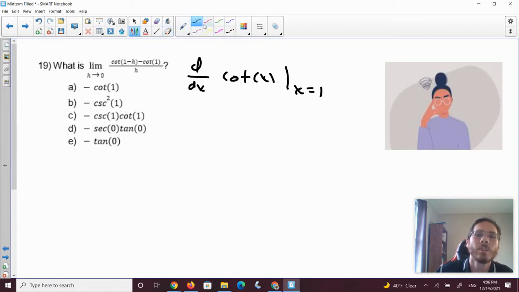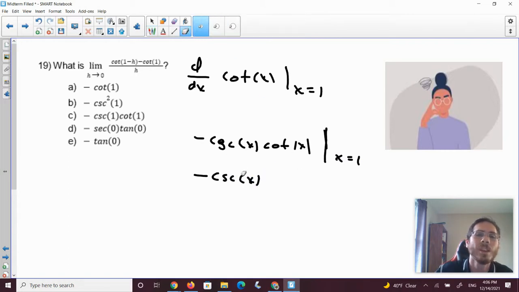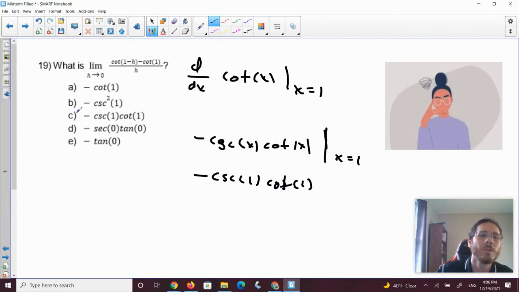So what we're going to do is take the derivative of cotangent. The derivative of cotangent, which we already know now, is going to be negative cosecant squared of x. And we're going to plug 1 in for x. So negative cosecant squared of x is going to become negative cosecant squared of 1.